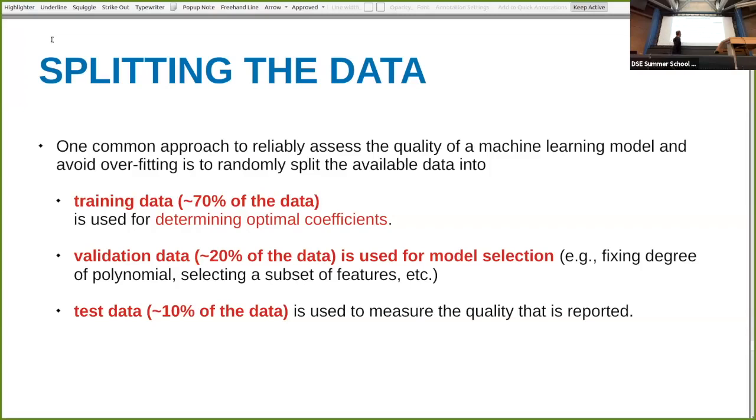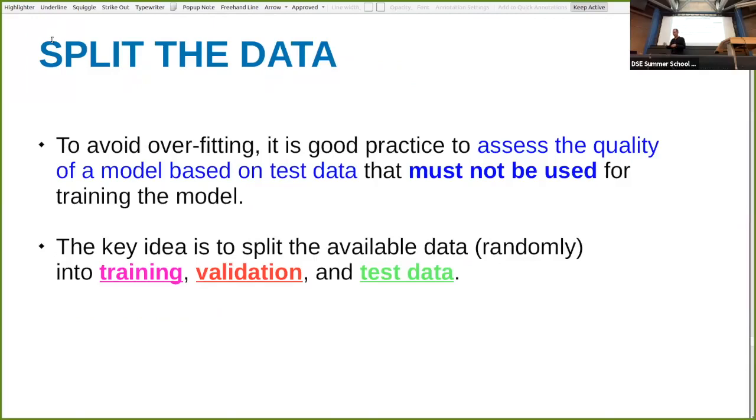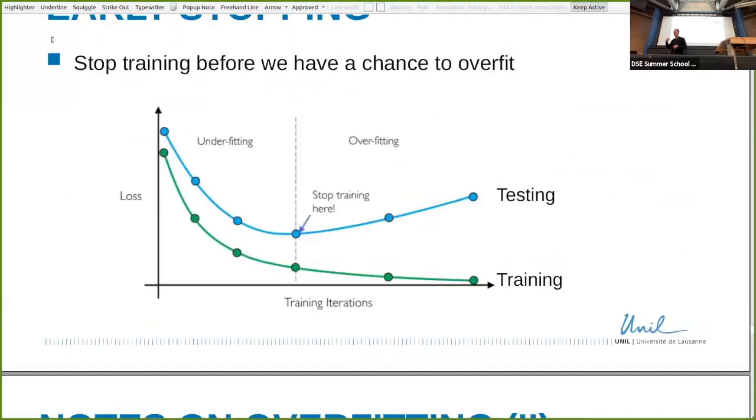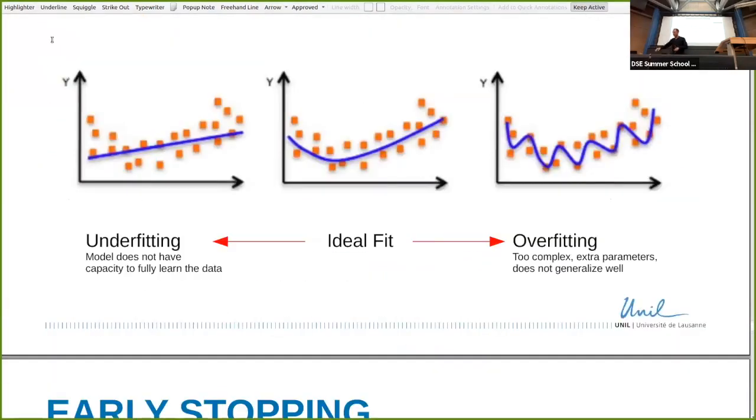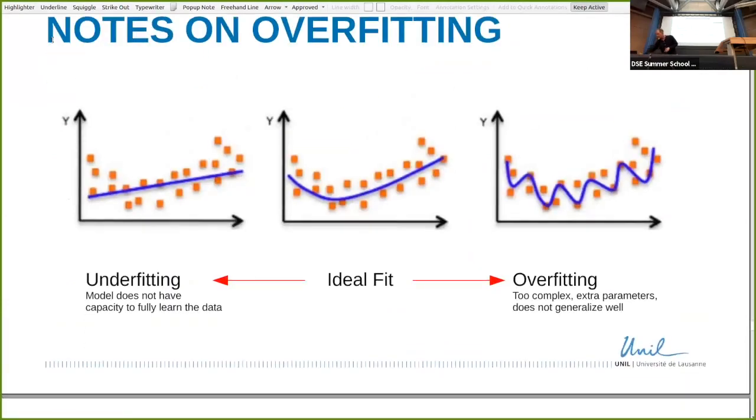Then you evaluate on the remaining 20%, which is the best model you would choose. And then on the remaining 10%, you would do the out of sample testing. So this is the splitting of the data you would typically do in empirical data. Now, what do I mean with notes on overfitting?